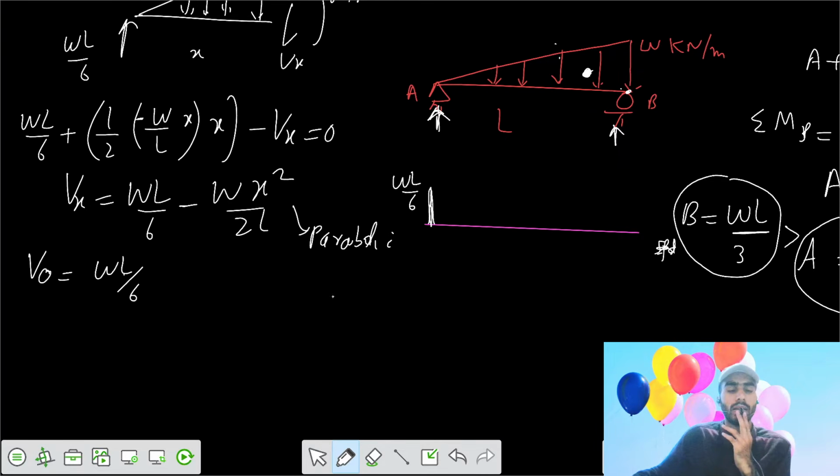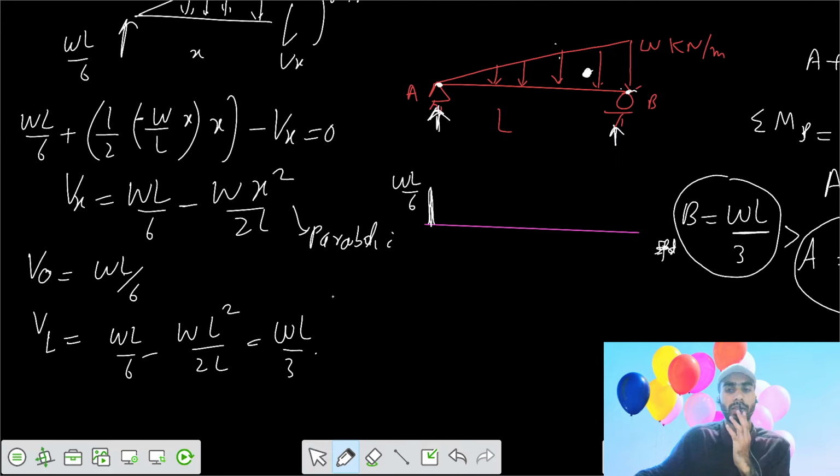Since there are only two critical points, A and B, we can directly say that the shear force at X equals length L becomes WL by 6 minus WL squared by 2L, that becomes WL by 3.